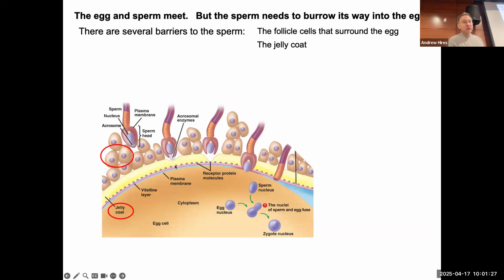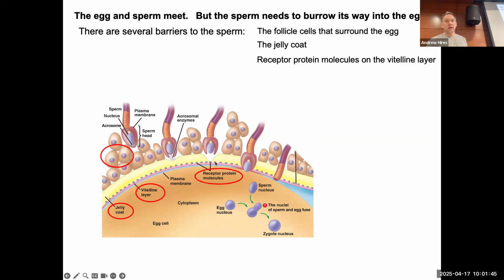And then we have a receptor layer, a bunch of receptor proteins here that are going to be able to bind specifically to the nucleus of the sperm, and allow the passageway of the nucleus into the egg, okay?